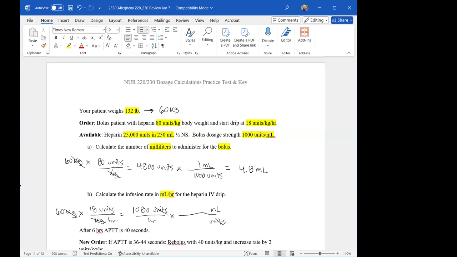The only thing you may not be 100% confident with is what to put for my numbers. If we're talking about the infusion rate, that's the IV. We're going to use the IV information, not the bolus information. The IV information says 25,000 units and 250 ml, and then what we get is an answer of 10.8 milliliters per hour.